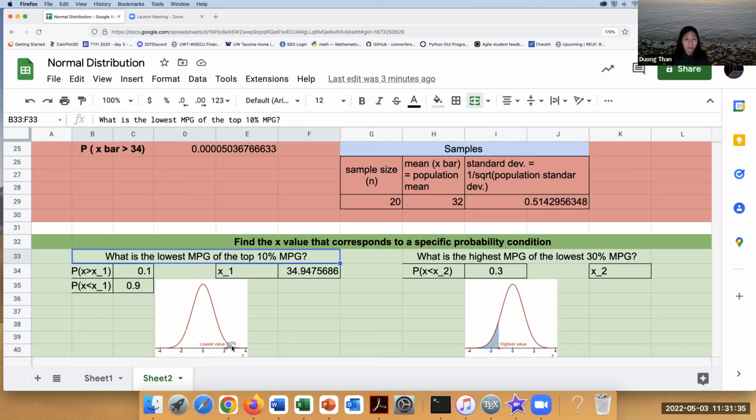You can see in the picture, you have the top 10% here, and you want to find this value, which is the lowest MPG of the top 10%. This is an area-to-the-right problem. The area to the right is 0.1, so the area to the left is 1 minus the area to the right, and I can use the NORM.INV function.